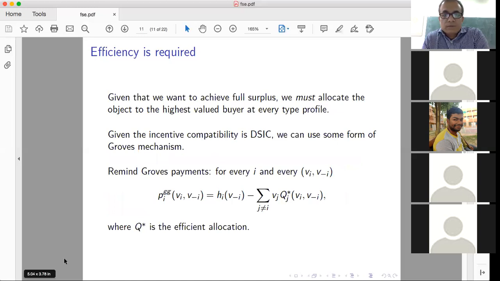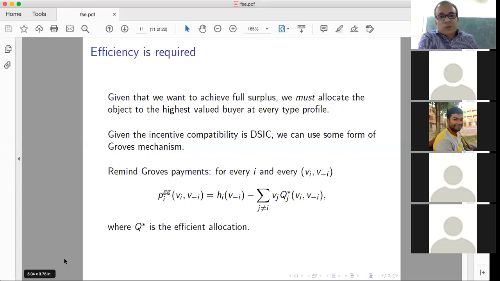First, if I'm interested in full surplus, efficiency is somewhat required. This is not a fully tight argument, but we must allocate the object to the highest value buyer almost everywhere if we were to realize full surplus.